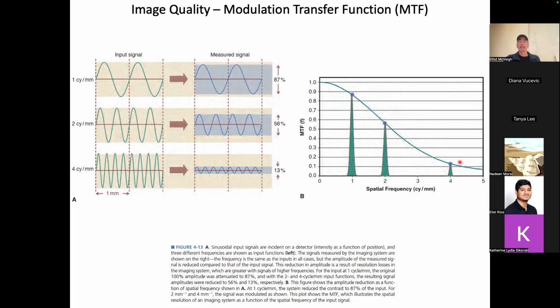If I have a really wide modulation transfer function that has high amplitude out to high spatial frequencies, when I take its Fourier transform, I get a very narrow, sharp point spread function. If, on the other hand, my modulation transfer function itself is narrow, and there are no spatial frequencies out here, my point spread function is going to be a big blob, something big and mushy, right?